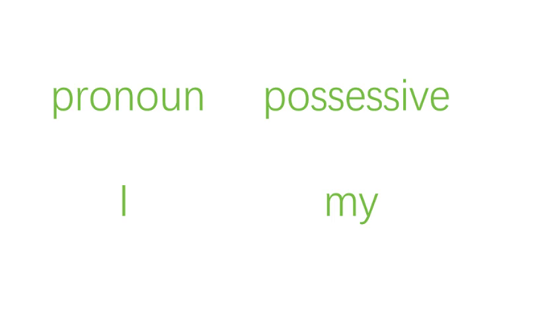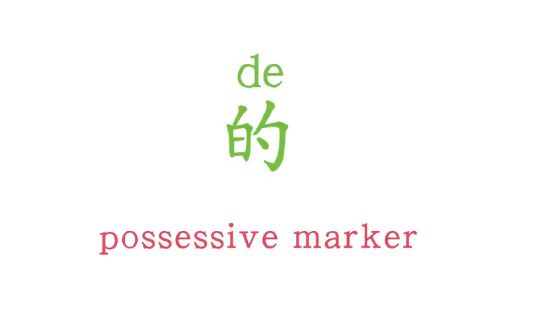We just need one magic particle and we have all the possessives. So how does it work? Let me show you. Here comes the character 的. The character 的 actually has no concrete meaning, but we call it the possessive marker.